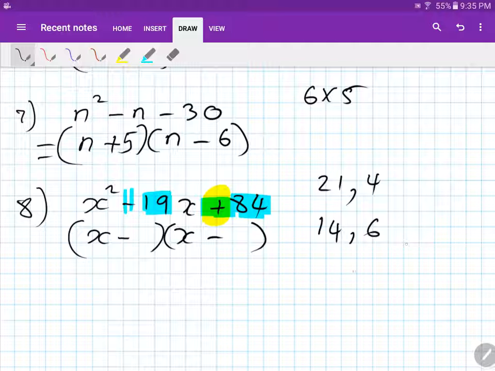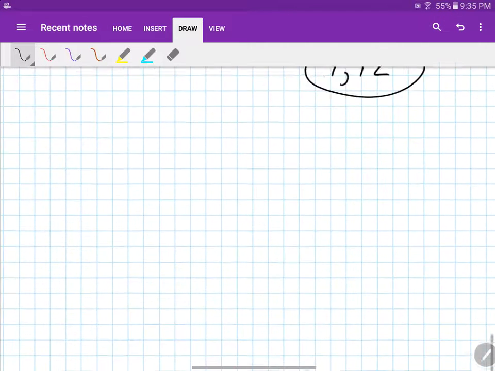If the numbers are big, you can use a calculator to help, since you cannot do it in your head. 12 and 7, that's the answer, because 12 times 7 is 84 and added together give me 19. Because of plus, it doesn't matter which bracket each number goes in. So 7 and 12. Let's move on.